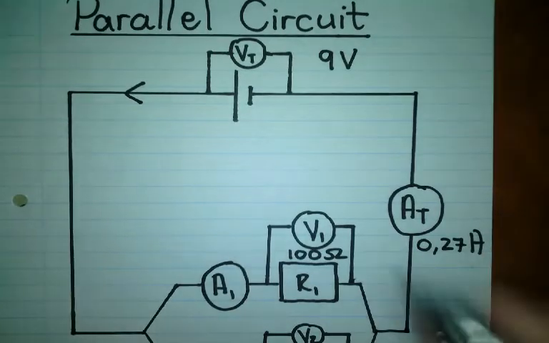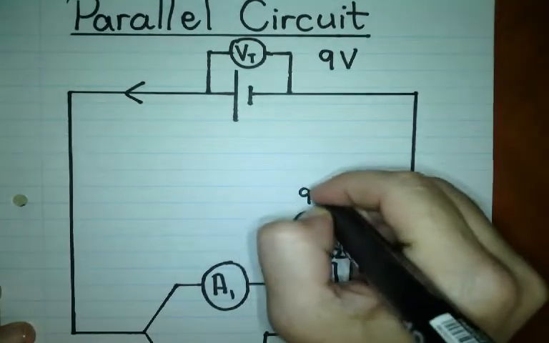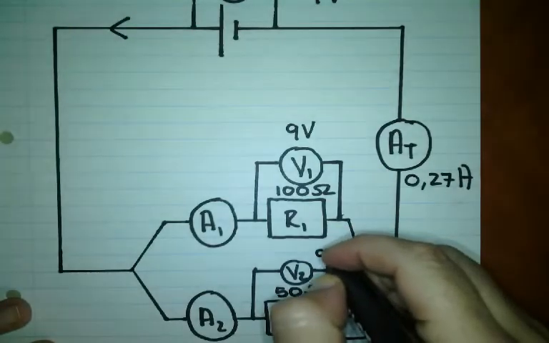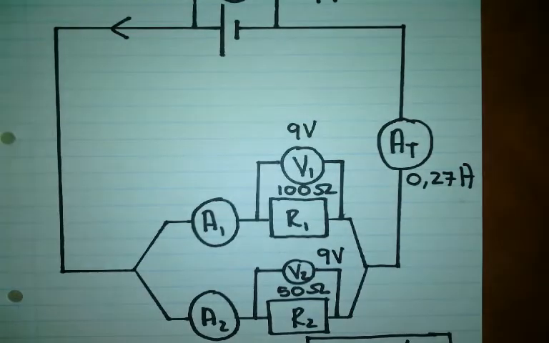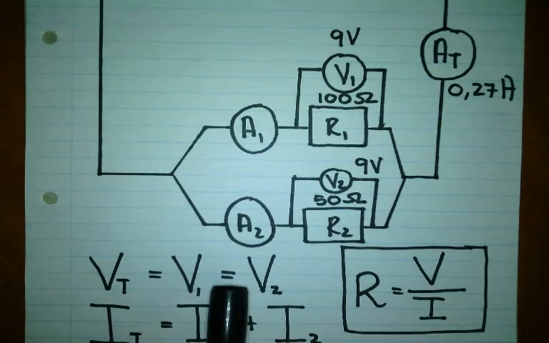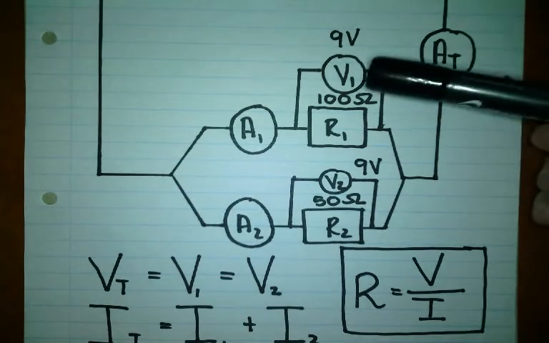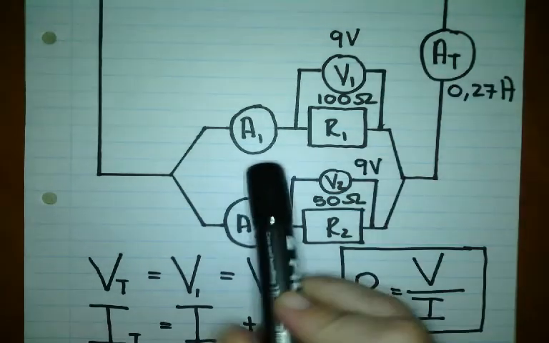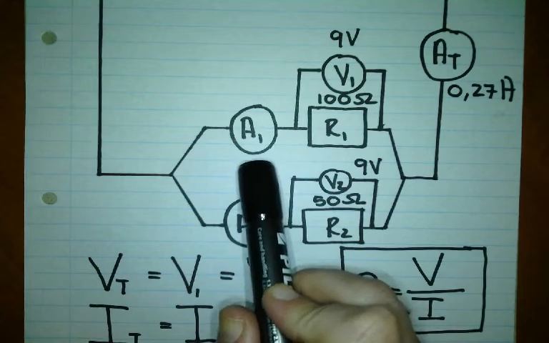You know that V1 is also going to be 9 volts and V2 is also going to be 9 volts. Why? Because we have this mathematical relationship here. So instead of asking you to calculate the voltmeter readings, I'm going to ask you to calculate the current.